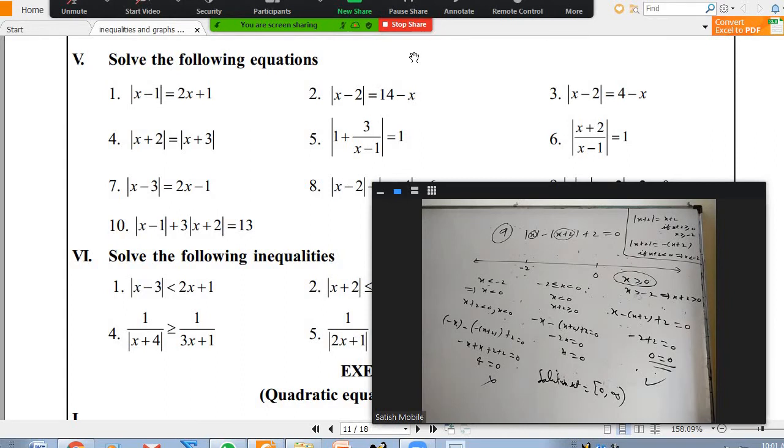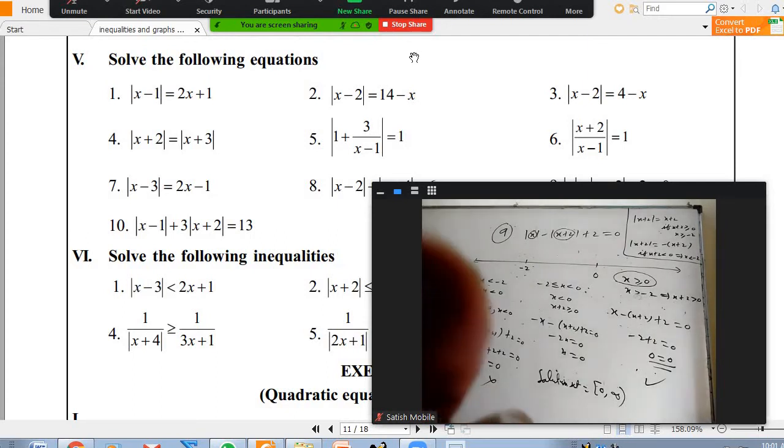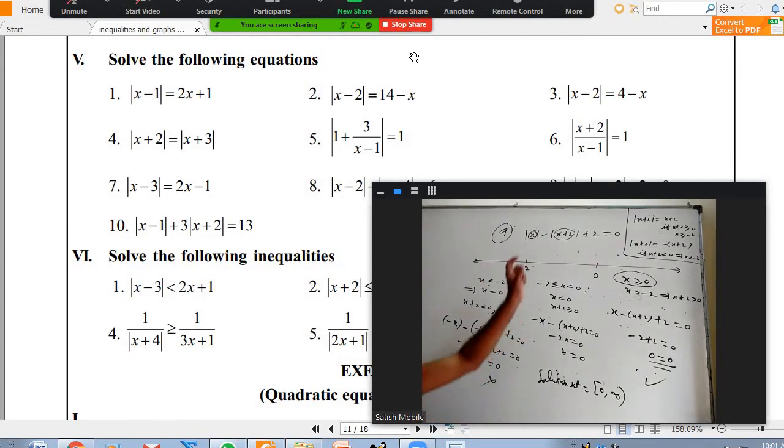Sir, what is transition number? No, I am not defining it. I'm talking about the English word transition. The formula changes from x plus 2 to minus x plus 2. There is a change in formula, a transition in the formula. Regular English word only I'm using.